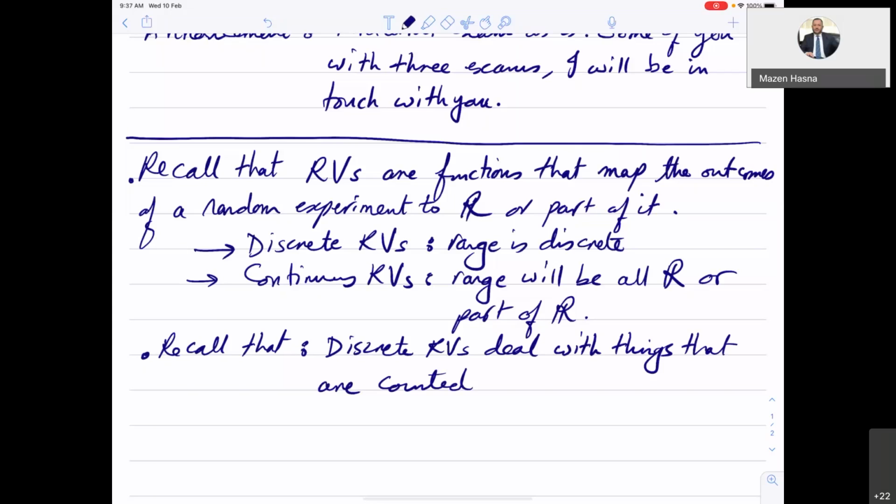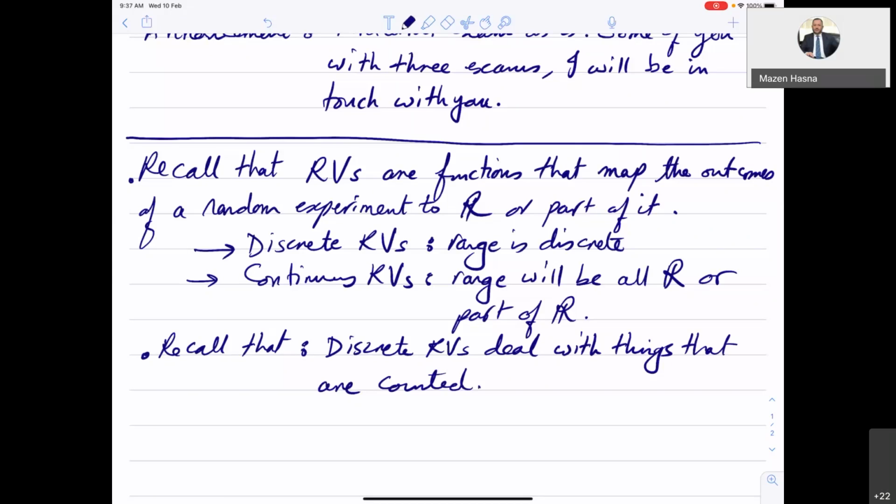So any type of randomness that you can count, the number of errors, the number of messages, the number of students, the number of deaths, all of these are things that you can count.